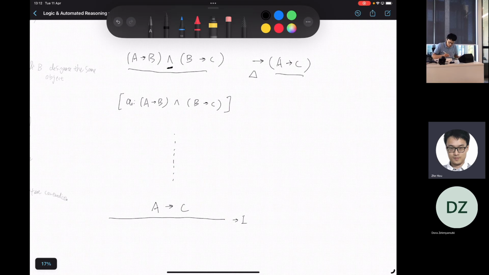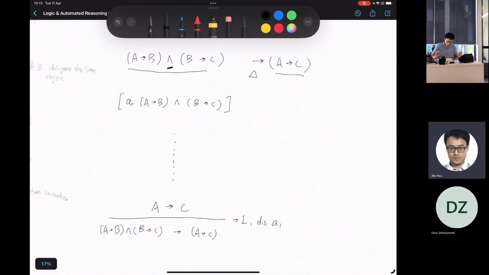Introduction says you can have the whole formula like this: A implies B and B implies C, implies A implies C. And once you apply that implication introduction, you discharge A1.